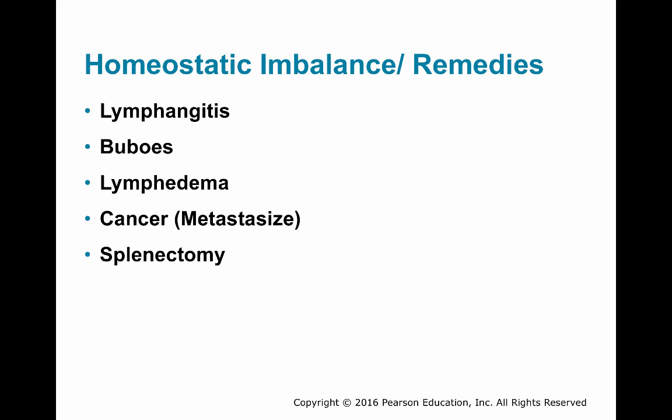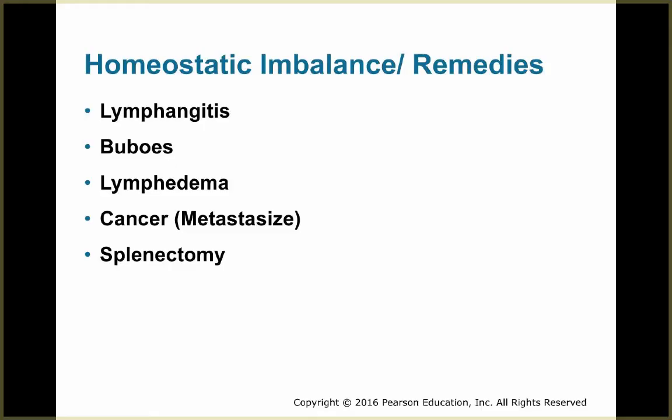So we have some homeostatic imbalances here. Lymphangitis is a condition in which the lymphatic vessels appear as painful red lines under the skin. And basically it's caused by inflammation of larger lymphatic vessels.